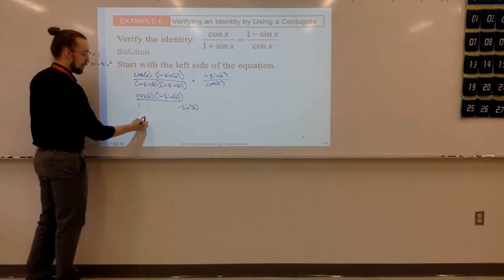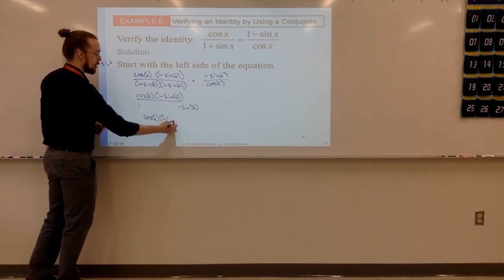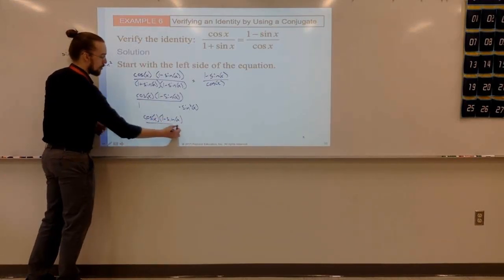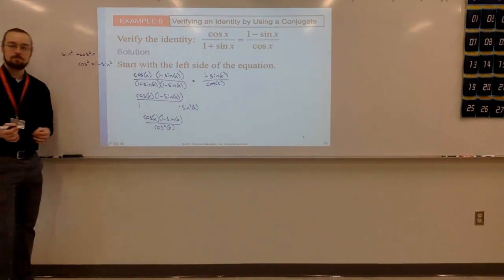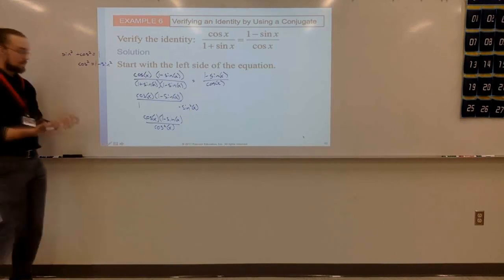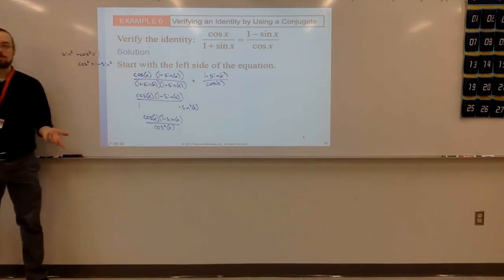So we end up with cosine times 1 minus sine over cosine squared. Well, now I can cancel out one of these cosines.